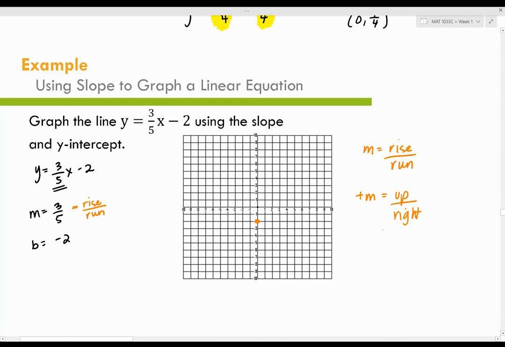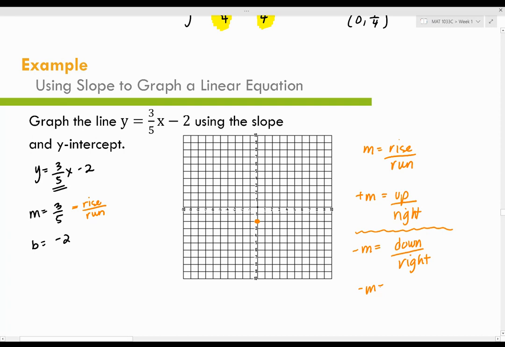Now, I will caution you, if your slope is negative, you have two choices. You can either apply the negative to the rise or the run, but not to both. So if you have a negative slope and you apply it to the rise, that means you're going to go down, but then you're still going to go right.